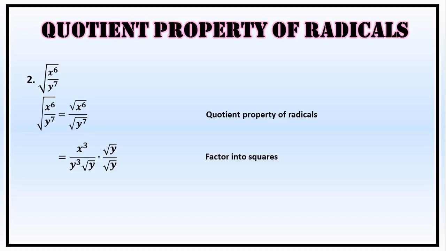So we have x cubed all over y cubed square root of y, and multiply it by the square root of y, both numerator and denominator. So it will become x cubed square root of y all over y to the power of 4. So the square root of x to the 6 all over y to the 7 is equal to x cubed square root of y all over y to the 4.